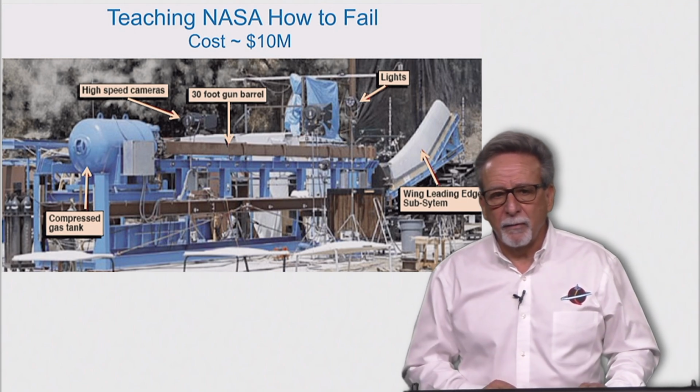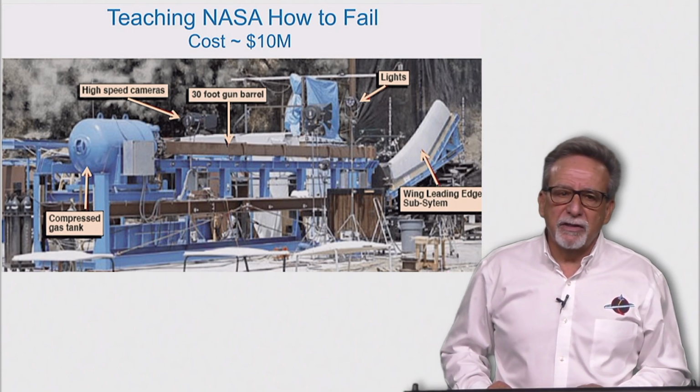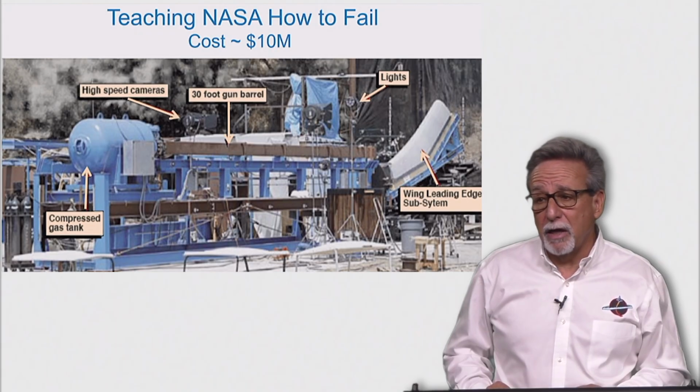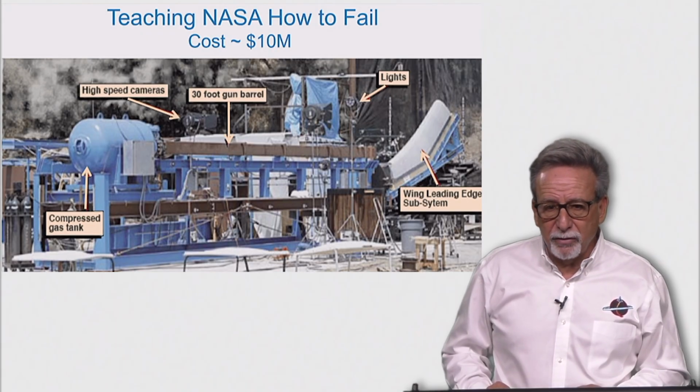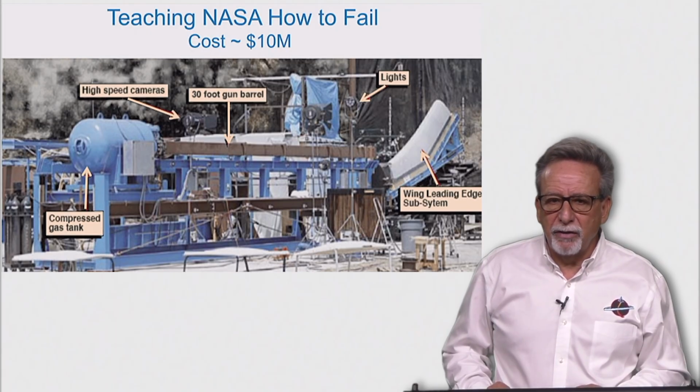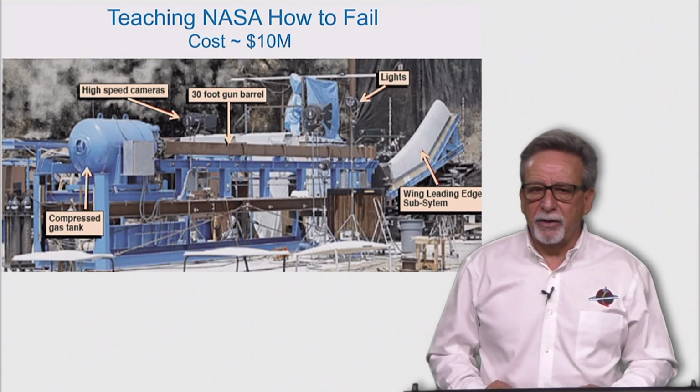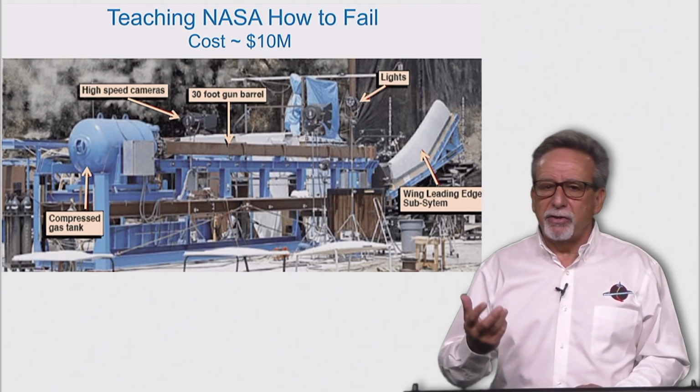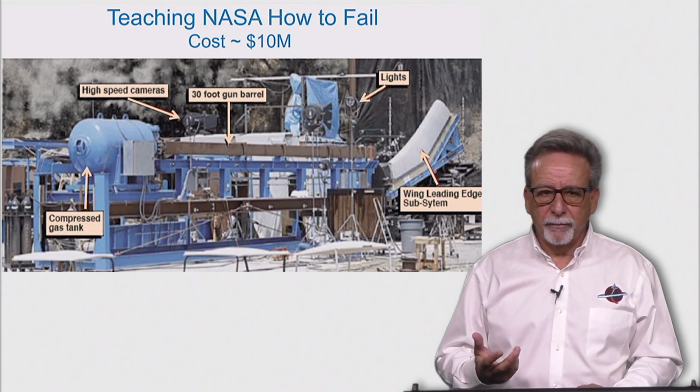My estimate is that this test of this size probably cost about $10 million. It took many months to set up, would use limited RCC, reinforced carbon-carbon wing leading edge spares that were in short supply, and have very limited instrumentation to gain knowledge about the test results.